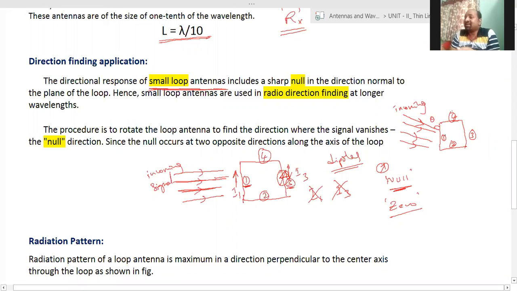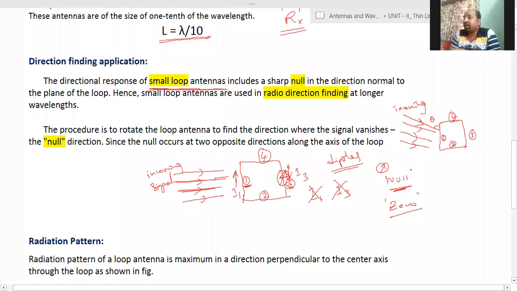Therefore, the current induced in these two sides is not the same, because side 2 and side 4 are also not parallel with the incoming signal.